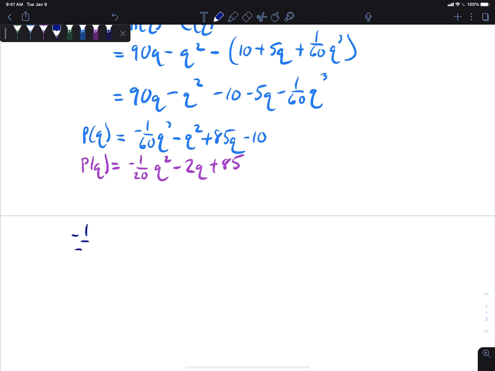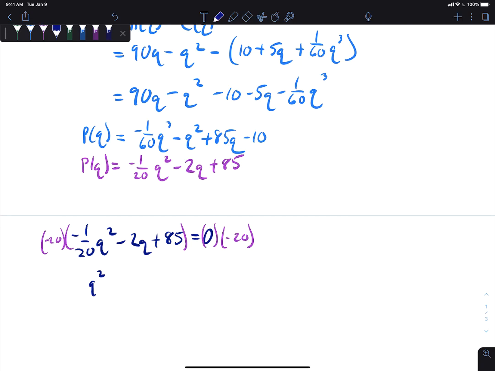So we have negative 1/20th Q squared minus 2Q plus 85 equals 0. Honestly, at this point, I'm going to multiply everything by negative 20, making this positive Q squared. So positive Q squared, positive 40Q, and what is 85 times 20? 1,700, so it makes that minus 1,700.